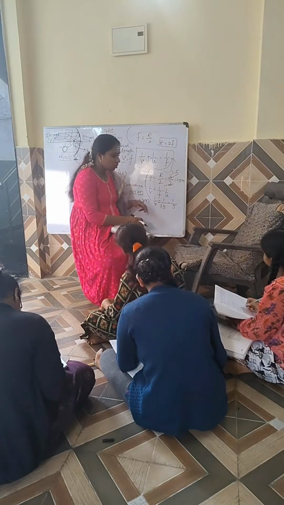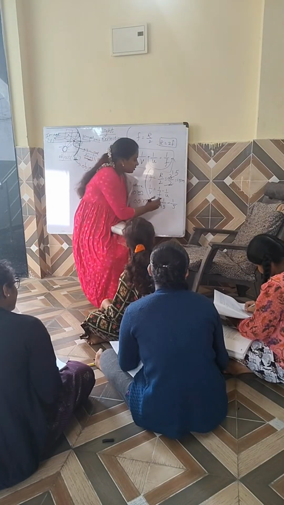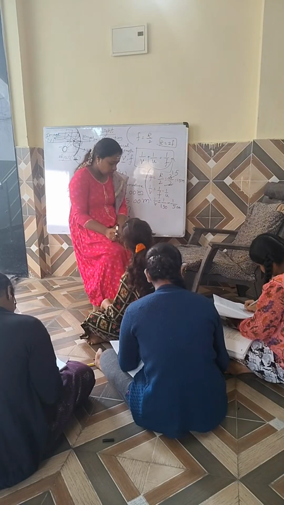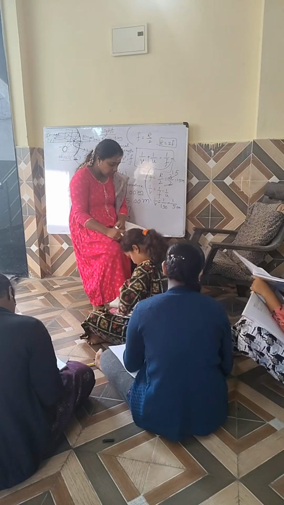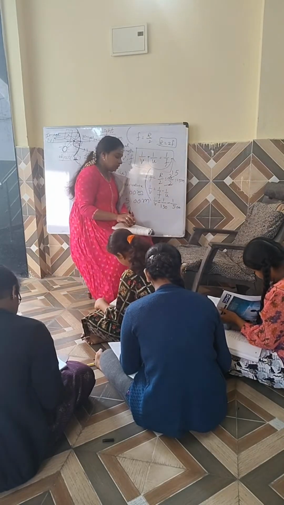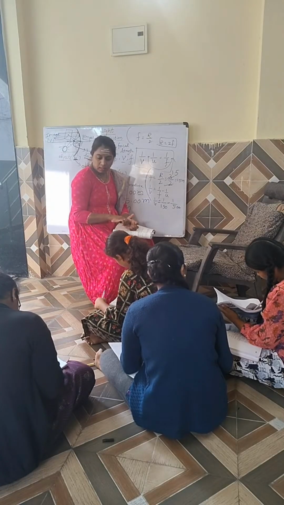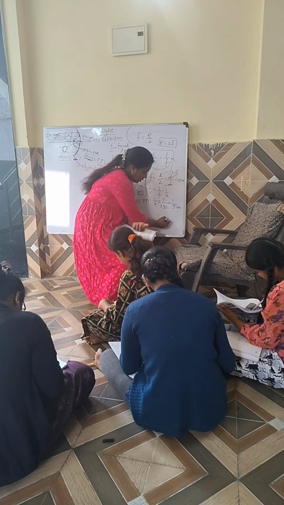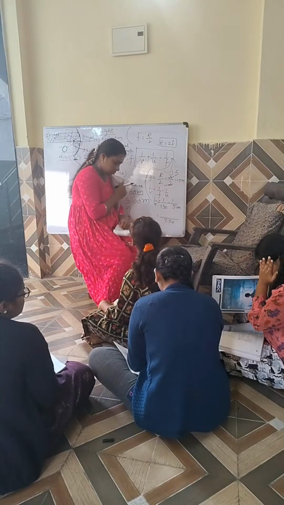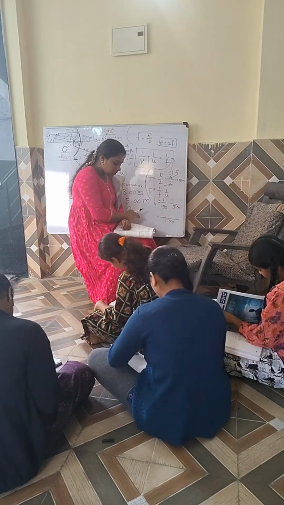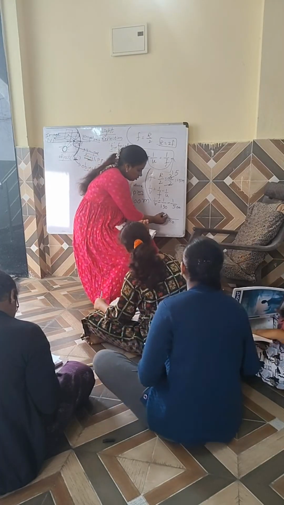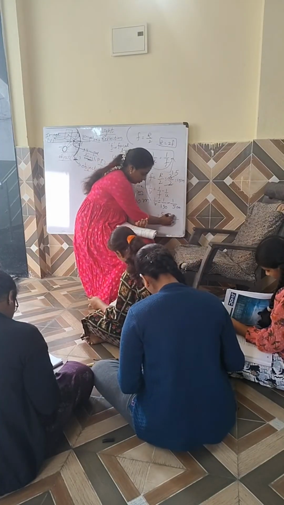You should take the LCM. 1 by 1.50 you can keep, and here 0.00 you can keep for your convenience. Now you solve this problem. How much LCM will you get? 7.50. To solve this problem, you should know a little bit of maths. 5.00 plus 1.50.